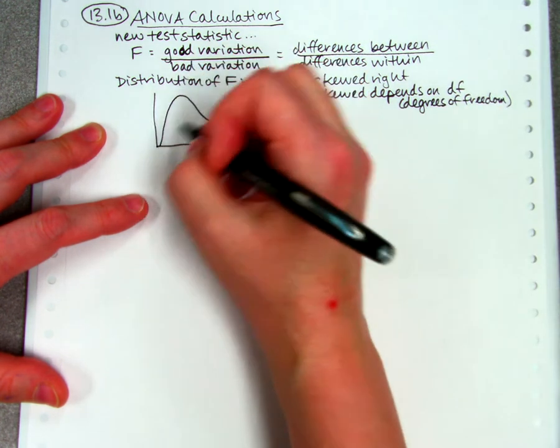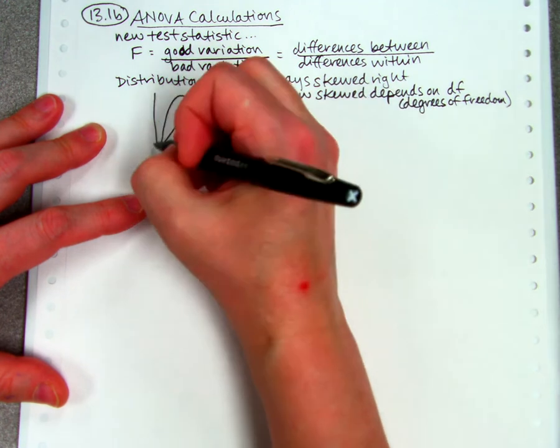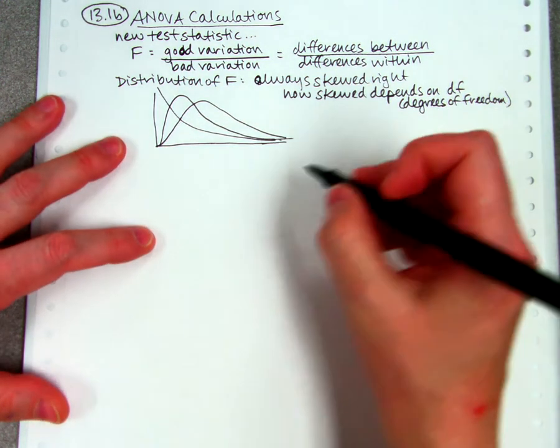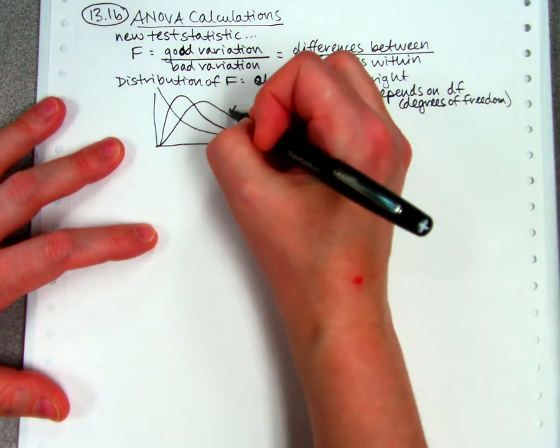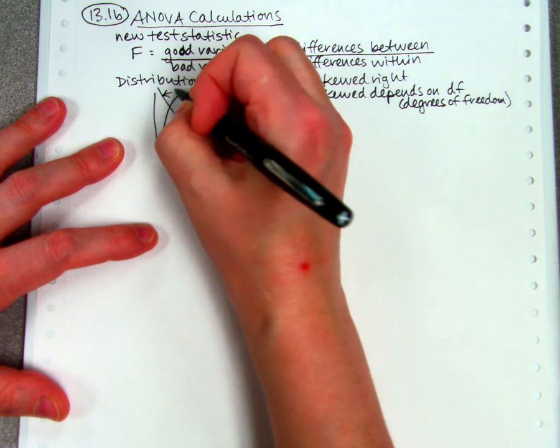So it could be not so skewed if df is larger, or if df is smaller, it could be really, really skewed. Lots of different possibilities there. This would be a larger df. This would be a smaller df.